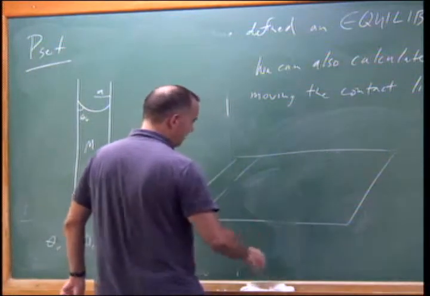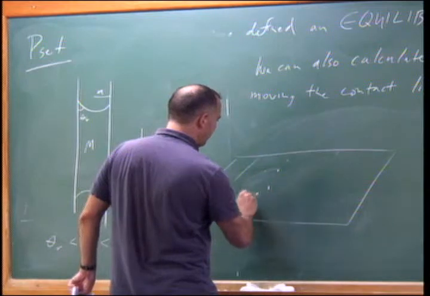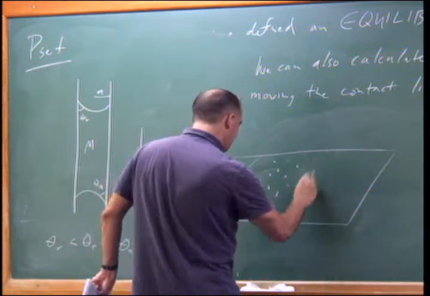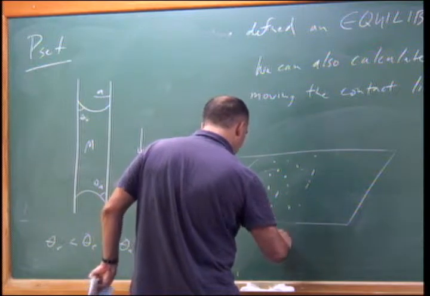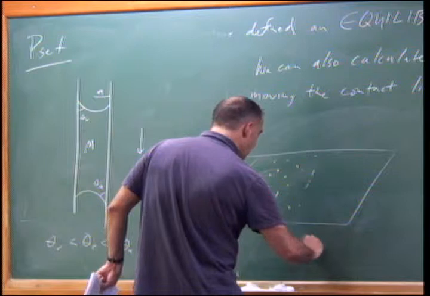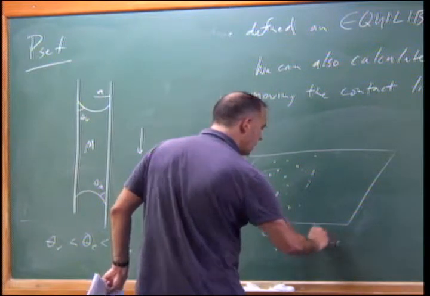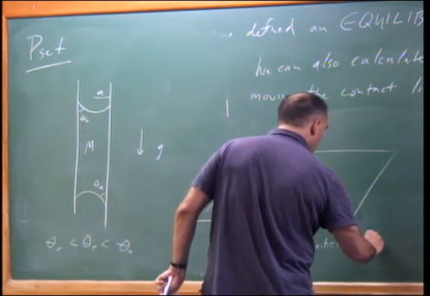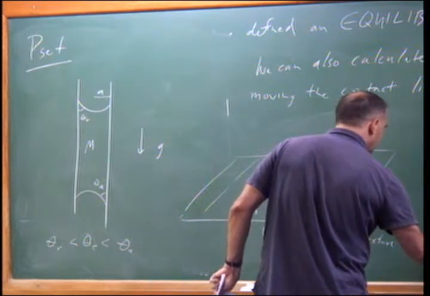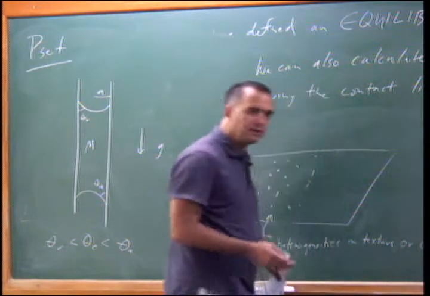So again, it's best to think, typically things are like this. So you have junk, heterogeneities, and these can be in texture or chemistry. So most surfaces are rough. The only thing that isn't is glass.